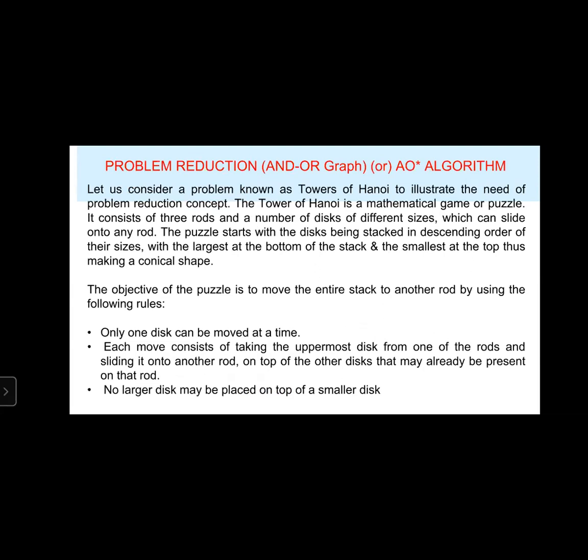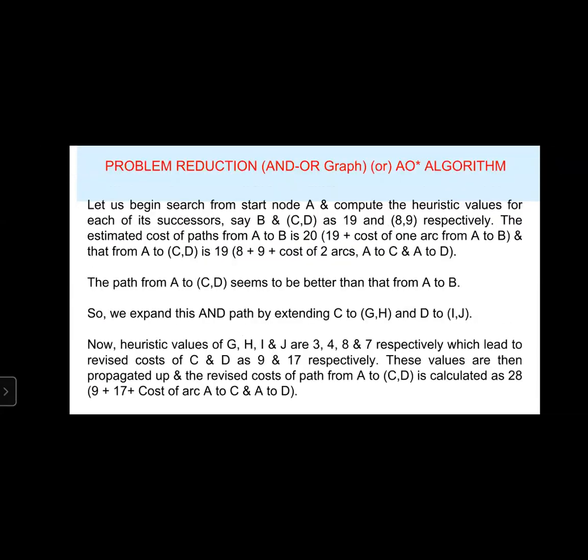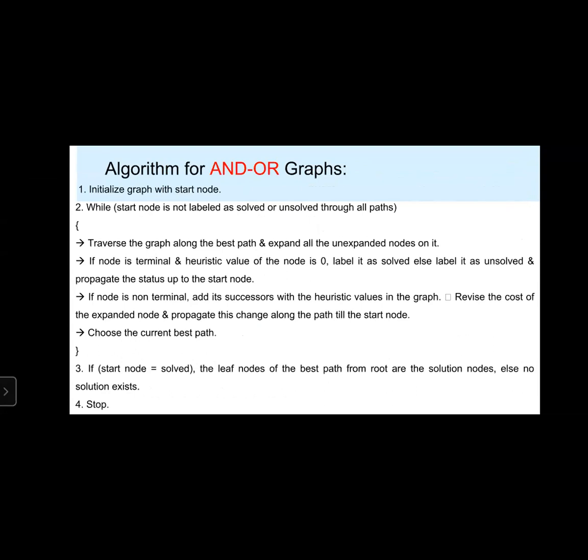Here, problem reduction. Let us consider a problem now. This was already discussed last class. This is the algorithm for the AND-OR graph. Initialize the graph with the start node.